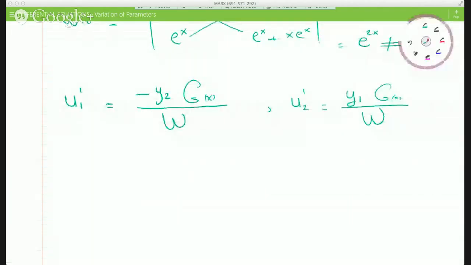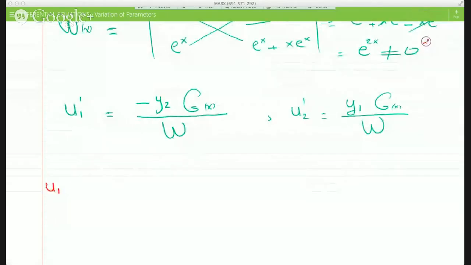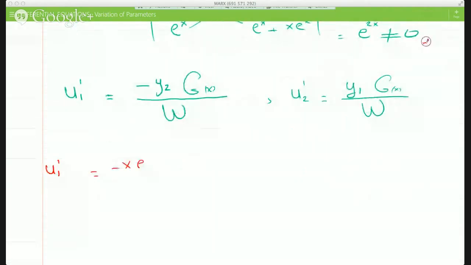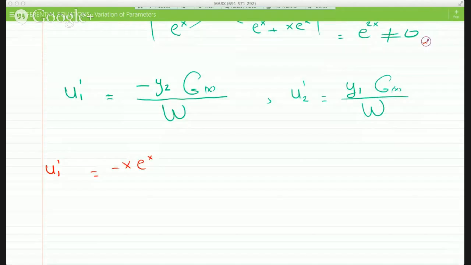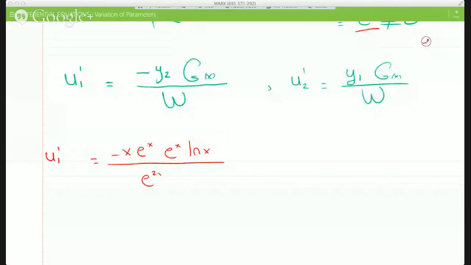So let's continue here. Then u prime 1 is y2, which is x e to the x, with a minus sign, times g of x, the non-homogeneous term, e to the x ln x, divided by e to the 2x, because the Wronskian turned out to be e to the 2x.